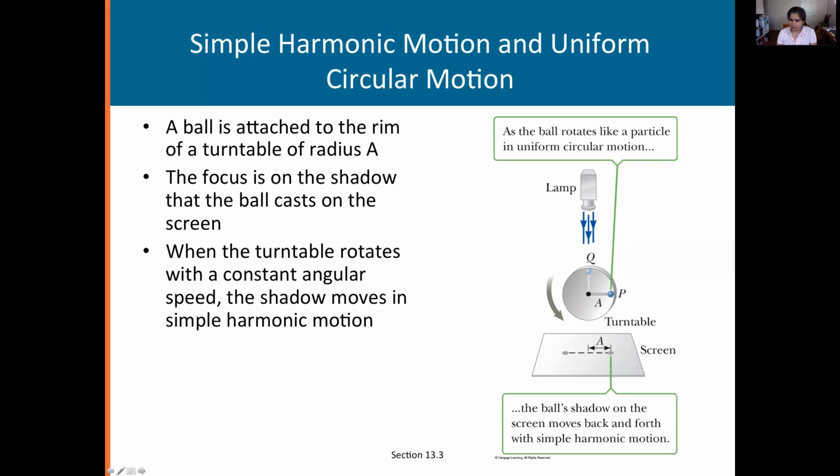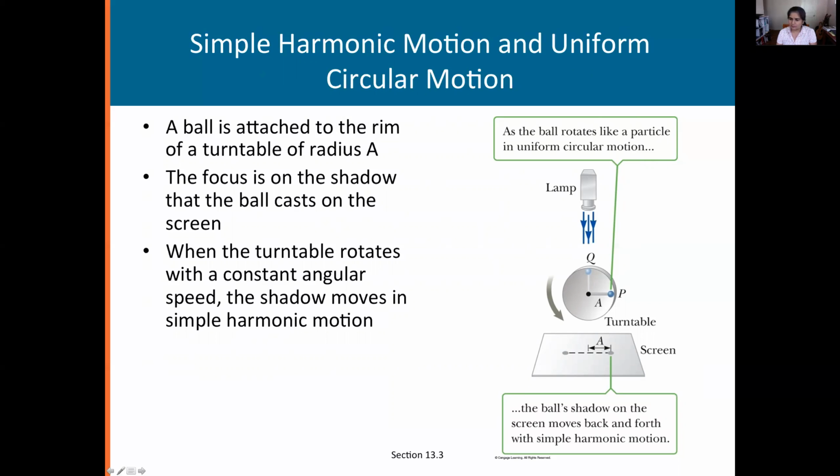And then it comes down to, let's say, Q prime, again in line with this, and it's back at equilibrium. And then it goes back to P, it comes back here again. So while P has executed a uniform circular motion, its shadow here has gone on a straight line from one extreme through equilibrium to the other extreme, back to equilibrium, back to this side.